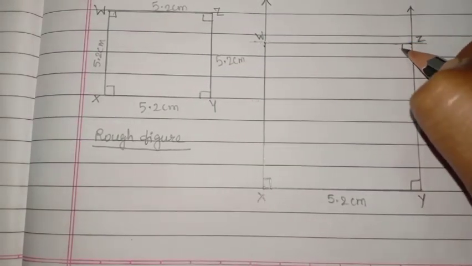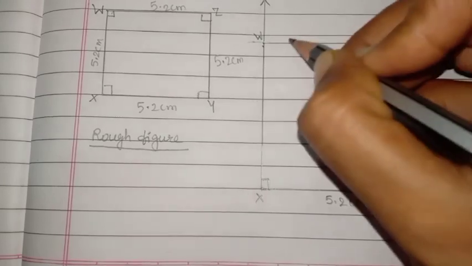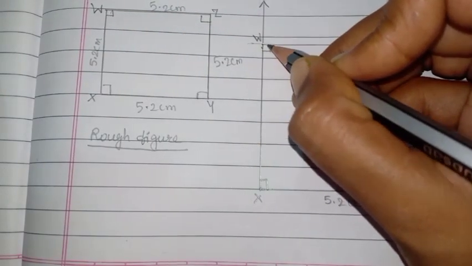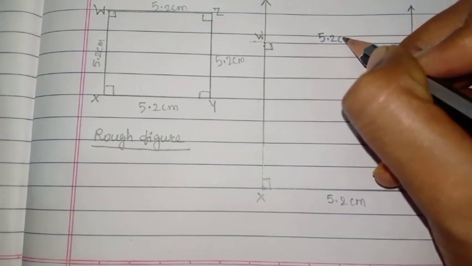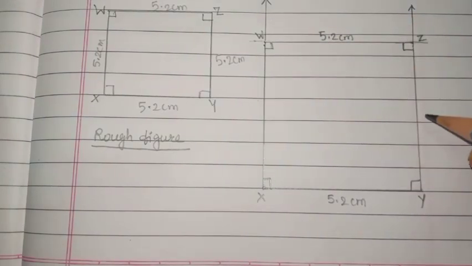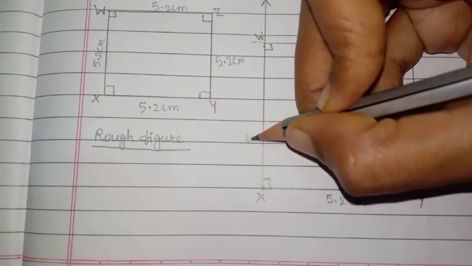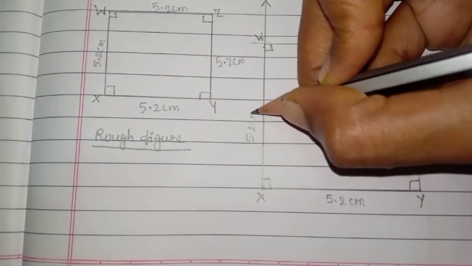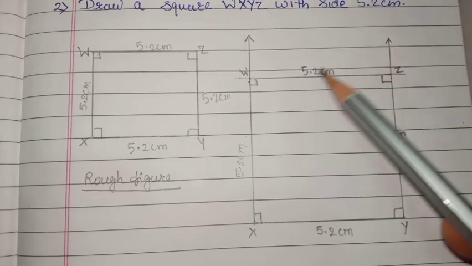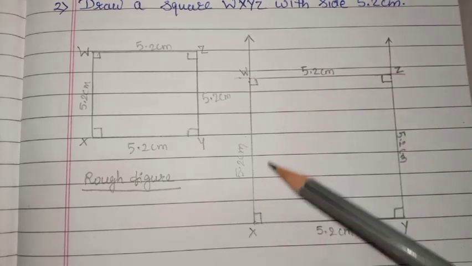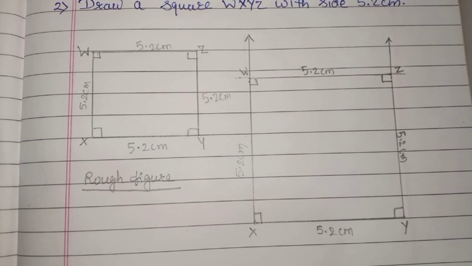See children, this is also a right angle, this is also a right angle. Everywhere you have to write the measure 5.2 centimeters. See, in this way we have completed the second question.